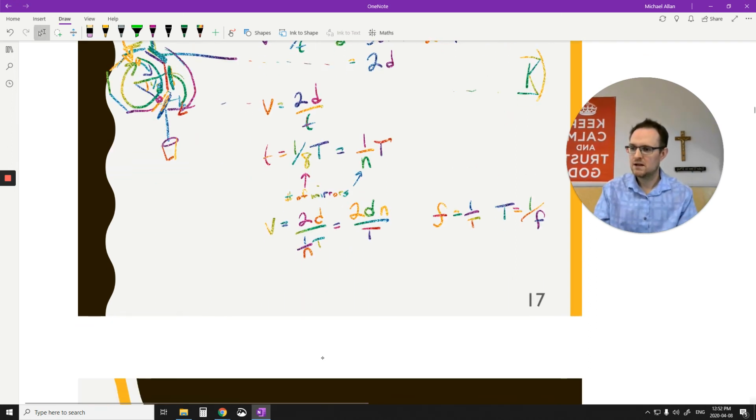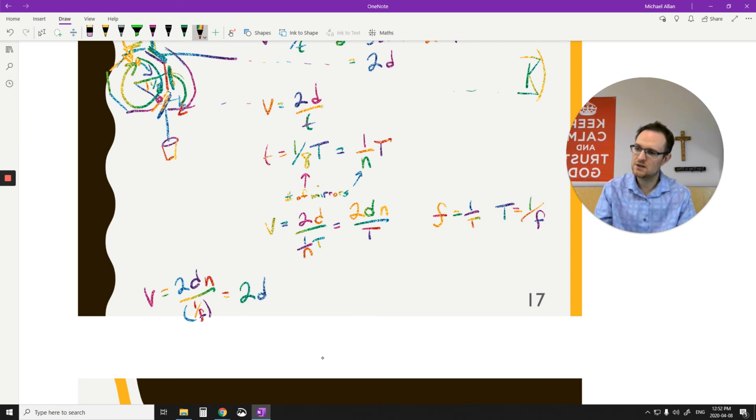And I'm going to get this: 2 times d n over 1 over f. And that, again, is another fraction, so that's going to flip over to the top there. You get 2 times d times n times f, or 2dnf. Now the 2 is only because that's there and back. They just tell you the there and back distance, and you don't have to worry about the 2.